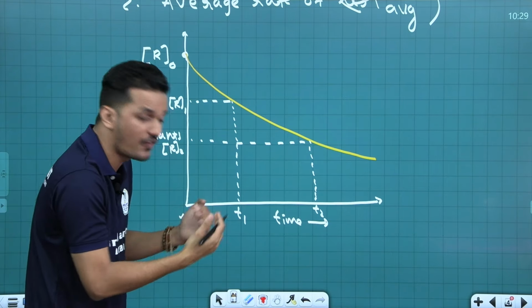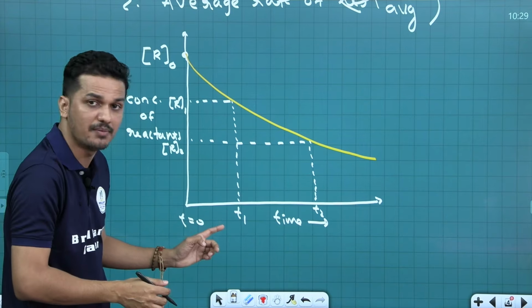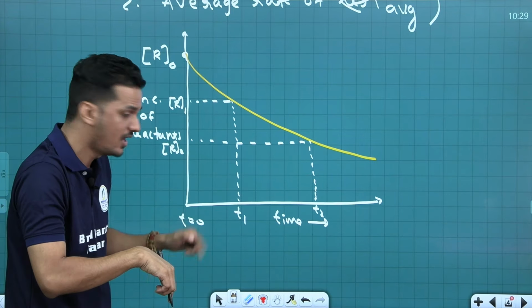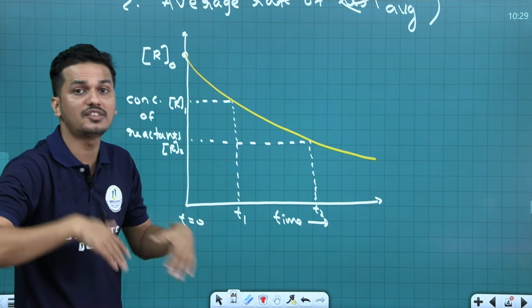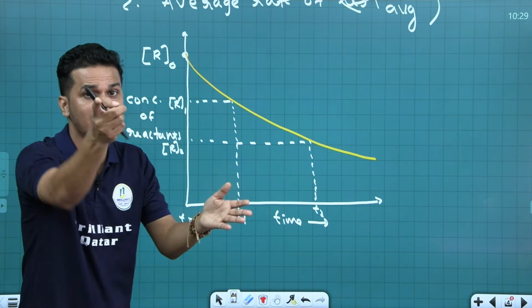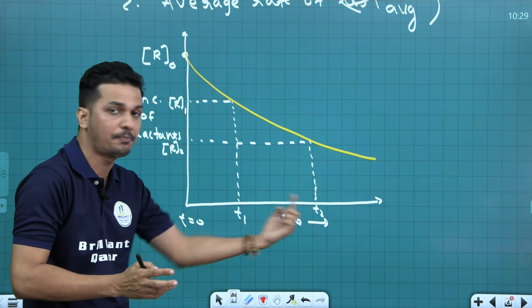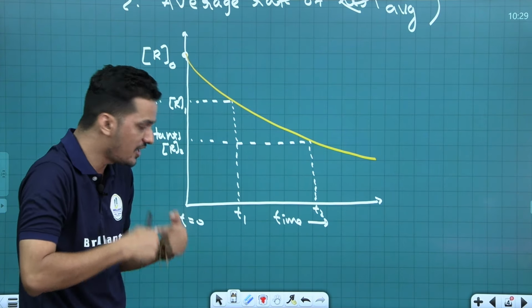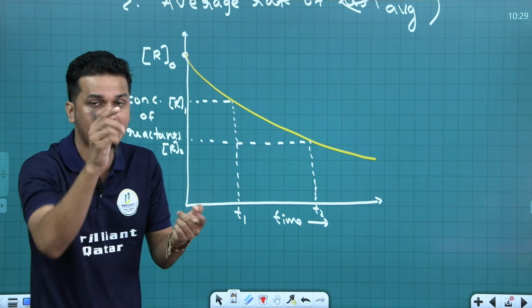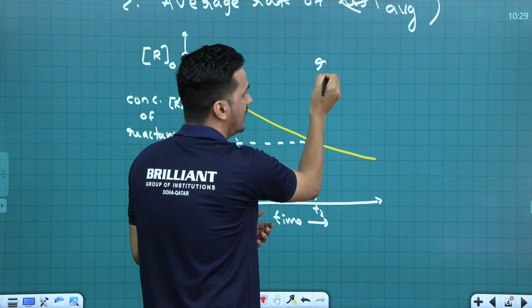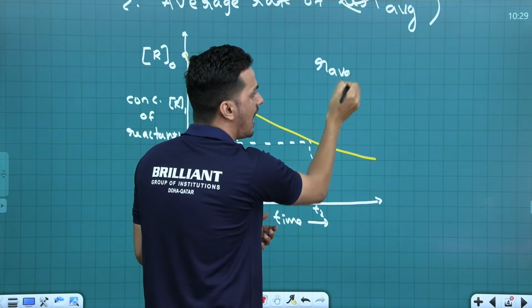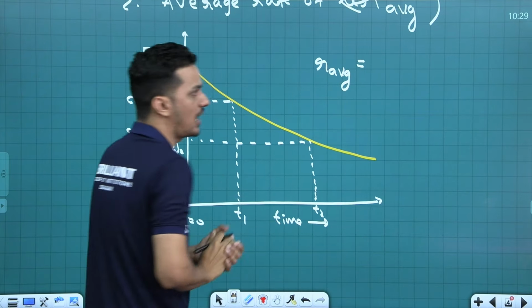Now we have to find out, in the time interval T1 to T2, what will be the rate? That is a large time interval, so that rate is called R average.